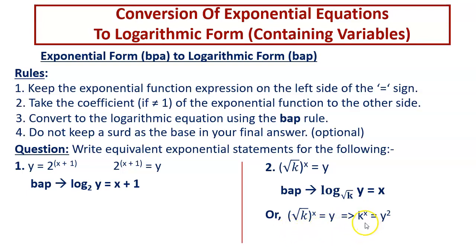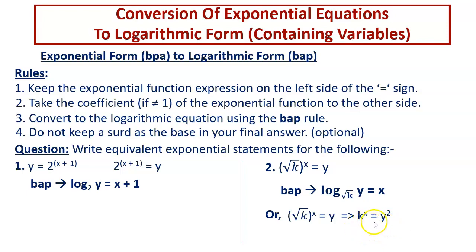Squaring both the sides, we get k raised to the power of x equal to y raised to the power of 2. And now we have got rid of the square root part. So k is the base, x is the power, and y squared or y raised to the power of 2 is the answer.